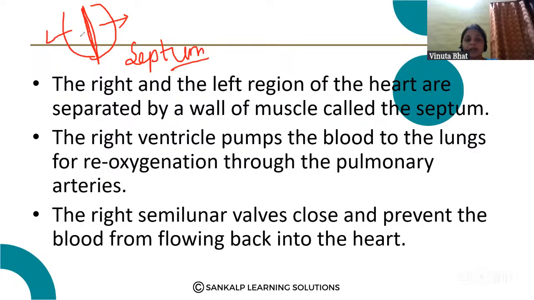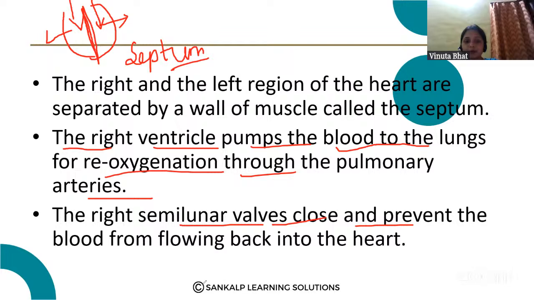This septum makes the two parts of the heart, where the oxygenated blood enters into the left part and the deoxygenated blood enters into the right part. The right ventricle pumps the blood to the lungs for reoxygenation through the pulmonary arteries. The right semilunar valves close and prevent the blood from flowing back into the heart.